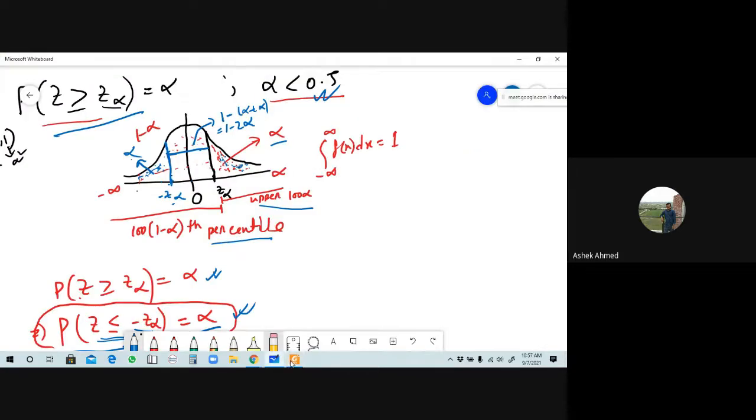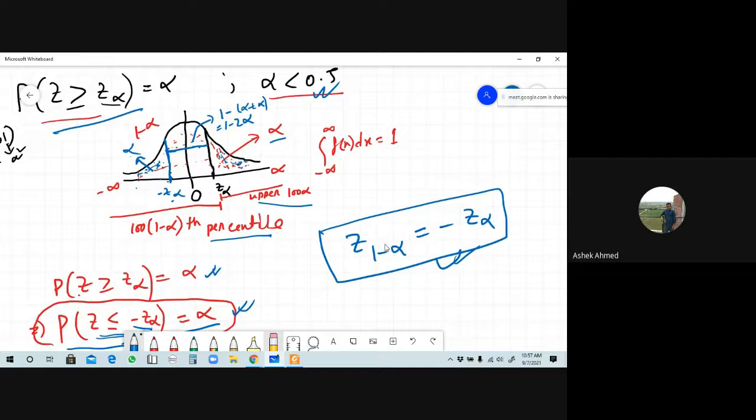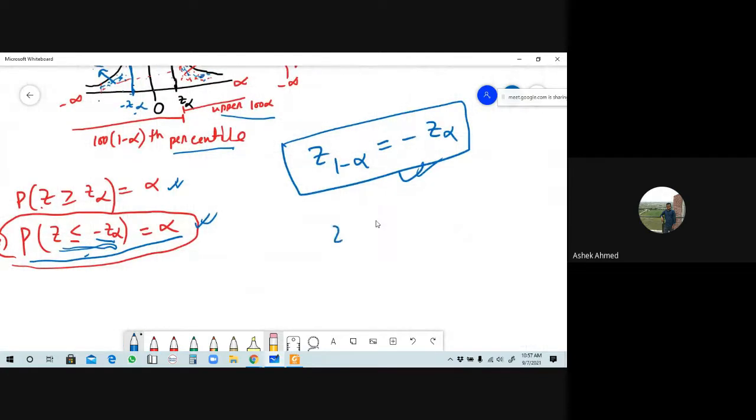This is another formula: Z suffix 1 minus alpha will be minus Z suffix alpha. তাহলে এটাও আরেকটা ফর্মুলা, Z suffix 1 minus alpha মানে মাইনাস Z suffix alpha. কখন আমরা ইউজ করব? When you want to find out the value of Z suffix 0.95, in that case can you say the value of alpha here is কত? 0.95, is it right?